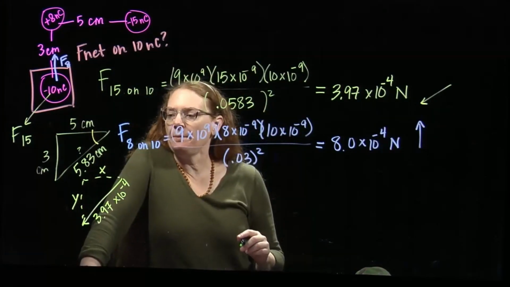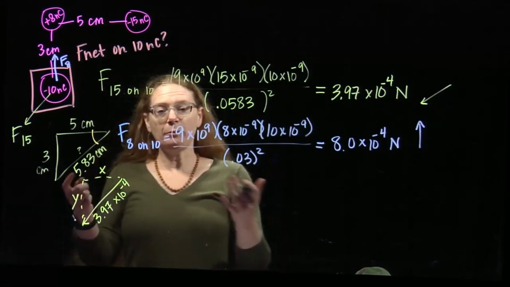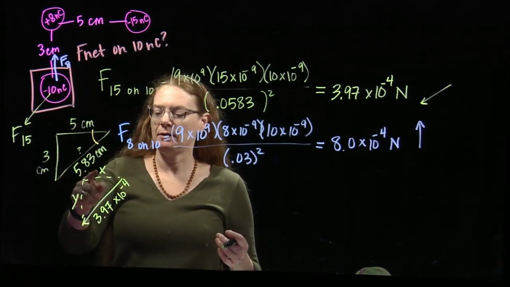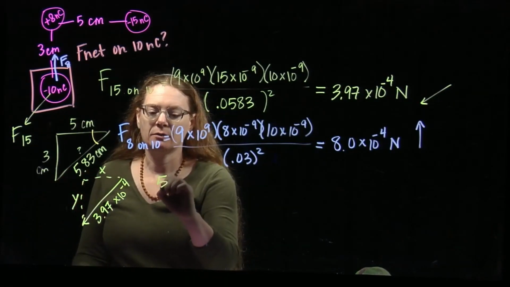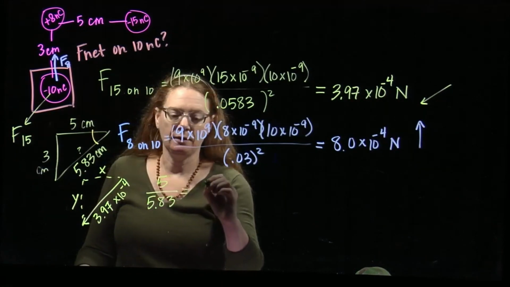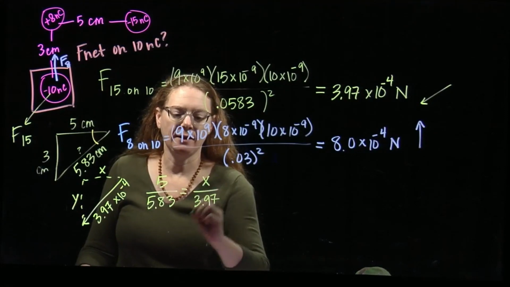So instead of doing sine, cosine, and so on, similar triangles. 5 is to 5.83 as x is to 3.97.